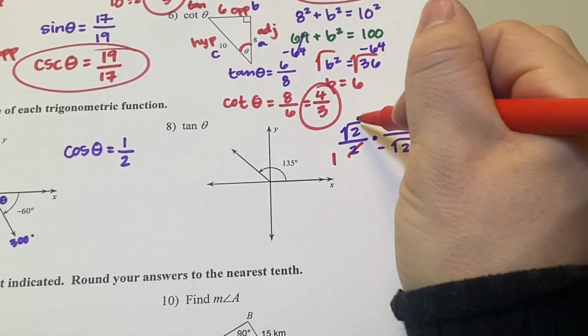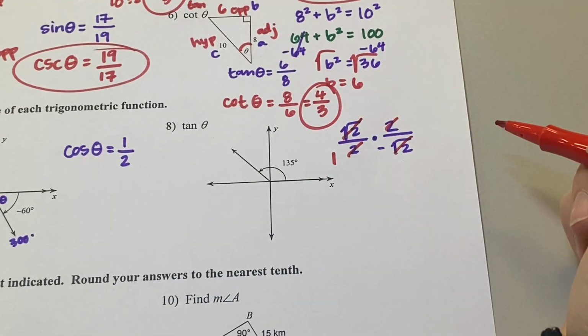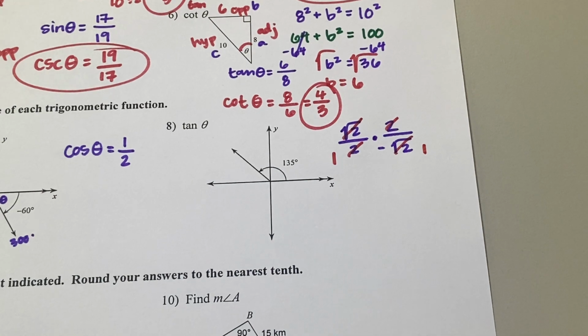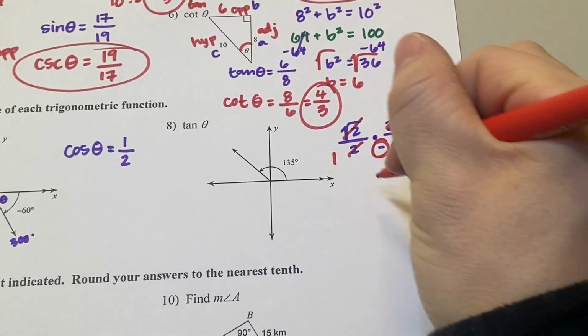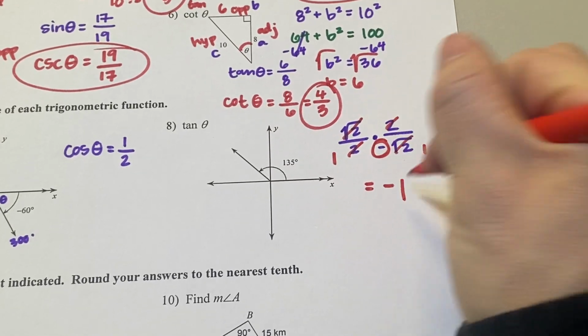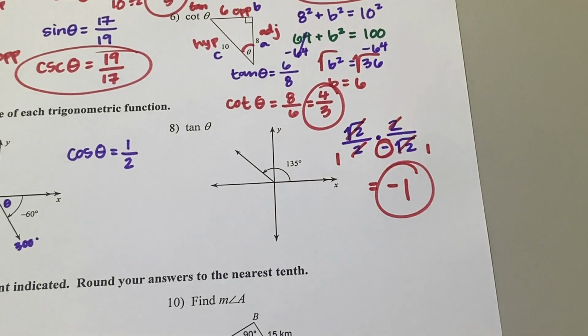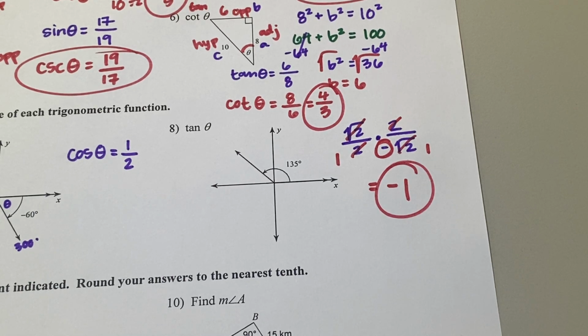Root 2 divided by root 2 is also 1. All we have to account for here is the little negative sign. So our final answer here is just negative 1. Whoa. I will tell you on your review and on your test, there won't be any questions that are quite that complex. So if you're stressing right now with numbers 7 and 8, relax a little bit.